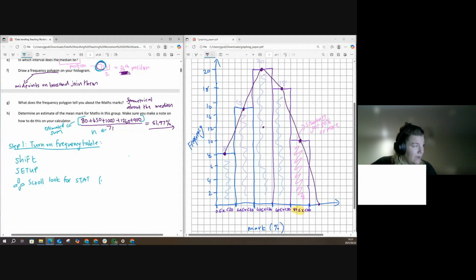Have a look and see what it is for you. And then it's going to give you a question. It's going to say frequency, and then on with a 1 and off with a 2. So we're going to click 1 so that it's on. So step 1, step 2, step 3, step 4.